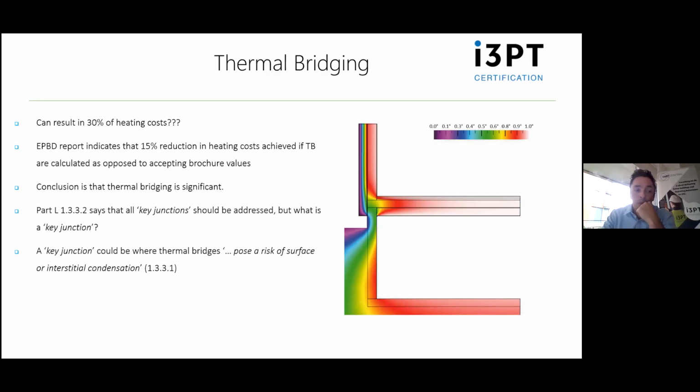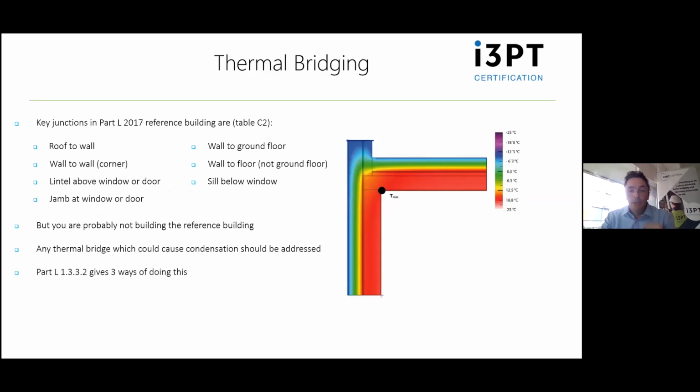Part L 1332 says that all key junctions should be assessed. But what is a key junction? A key junction could be where thermal bridges pose a risk of surface or interstitial condensation. In Part L 2017, the reference building, the junctions identified were the 7 shown here.